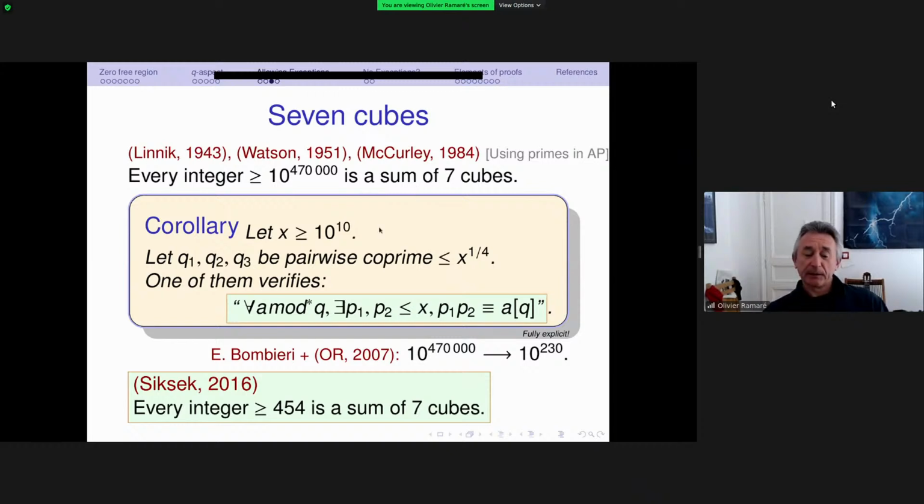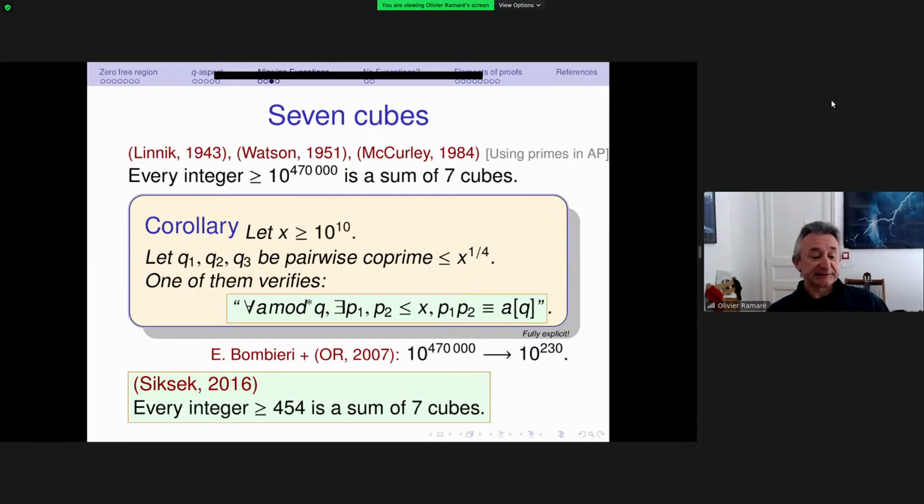And by removing the primes in arithmetic progression, but putting a product of two primes, and using an identity of Enrico Bombieri, I reduce this enormous bound to 10 to the 230. So you see, we can use this kind of result with lots of efficiency.